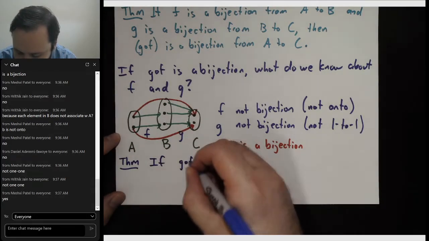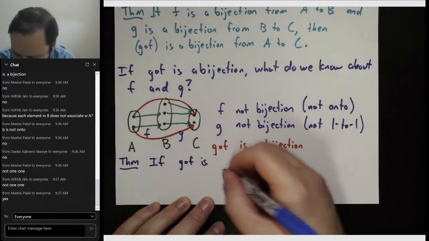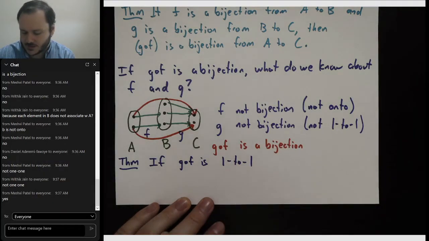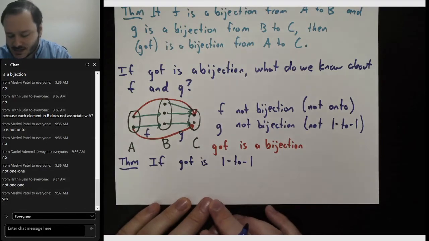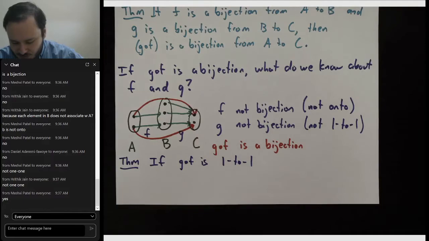If G composed with F is one-to-one, so G composed with F is an injection, what does have to be true?